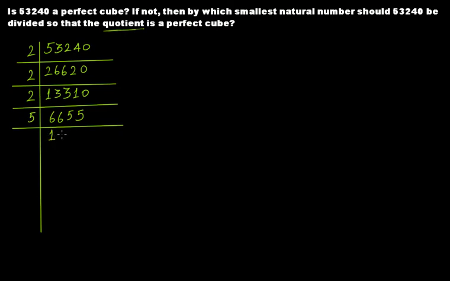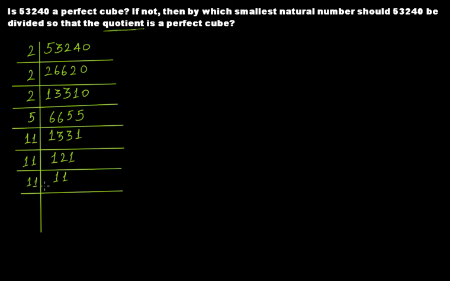So 5 1 5, 5 3 15. Now this is 11. So 11 times 1 is 11, and then you have this one.